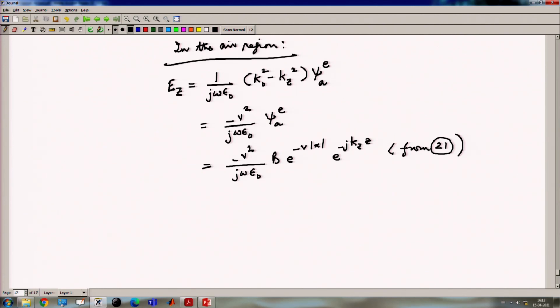We just substitute psi a e, and we call this equation 24.